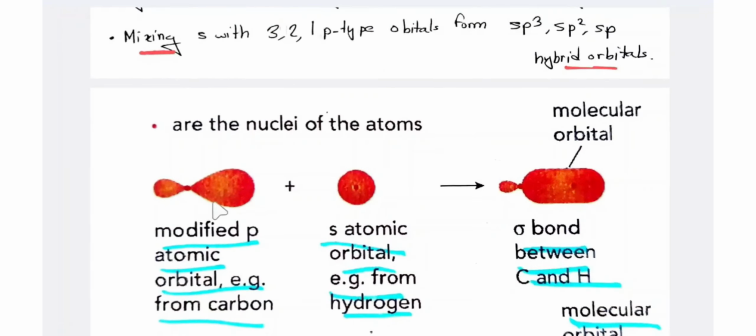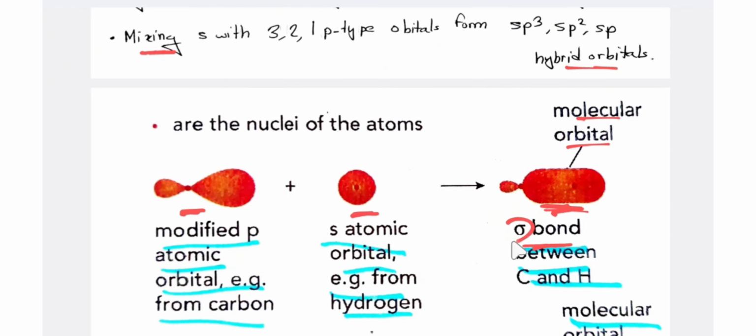Here we can see the p atomic orbital from carbon. The p atomic orbital overlaps with the s atomic orbital from hydrogen to form this molecular orbital, and this is a sigma bond.